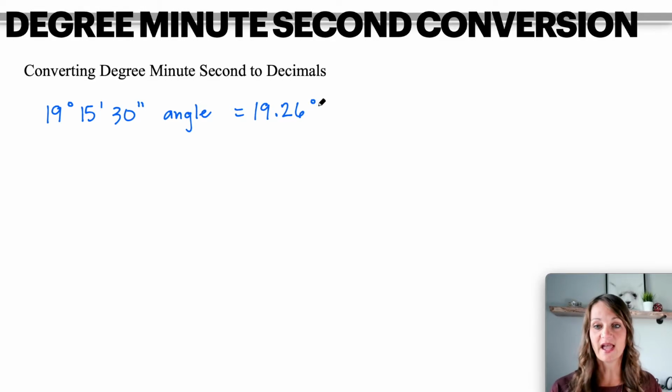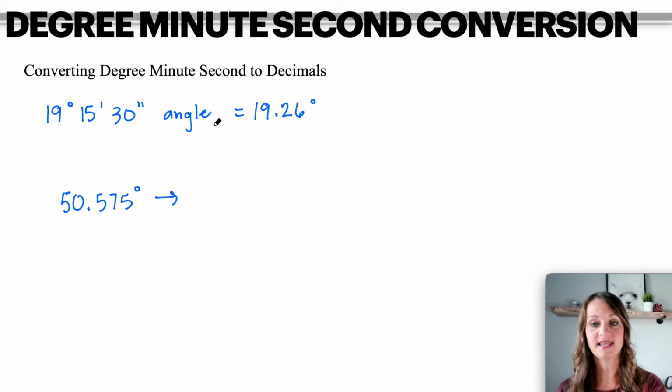Now, you can actually convert in the opposite direction. Let's say for some reason you are working on a problem and they actually want it in longitude and latitude. You can work backwards. Like, let's say you want to know what 50.575 degrees is as a degree, minute, second.